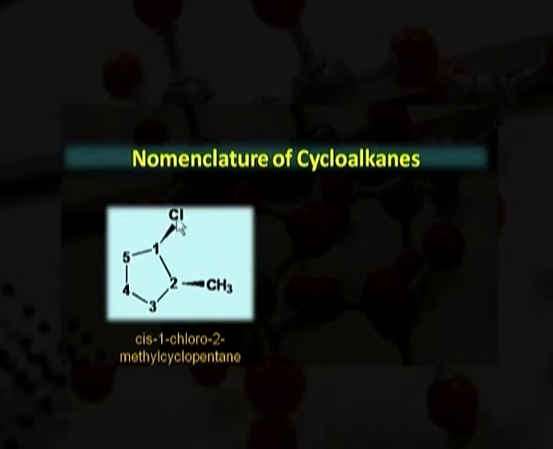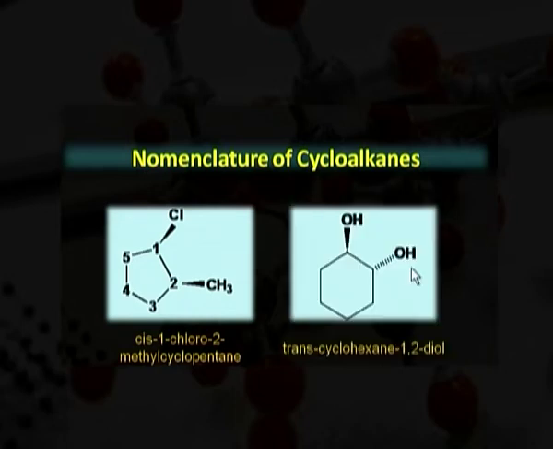Notice that the chlorine and methyl group are both pointed in the same direction on the axis of the molecule, and therefore, it is said to be cis position. And when we compare this structure, we will find that these both OH groups are in different planes.